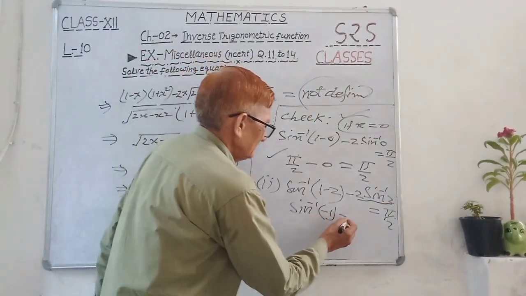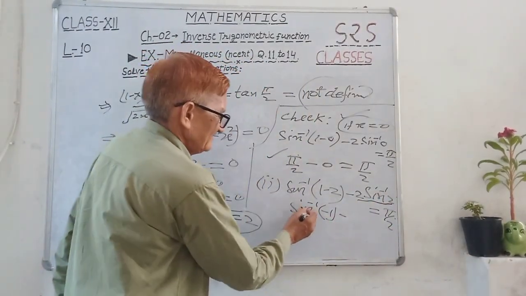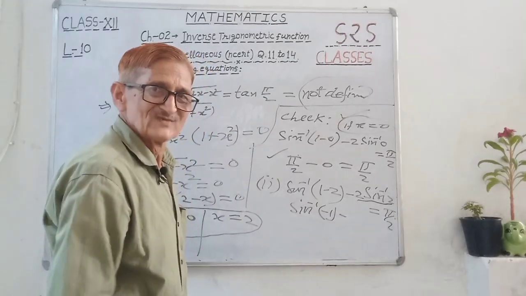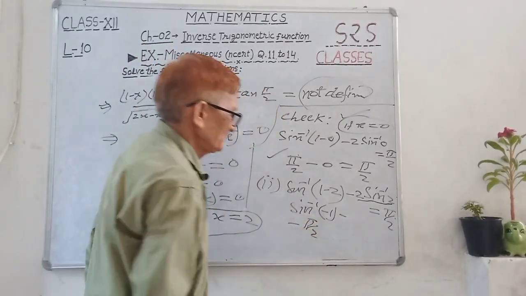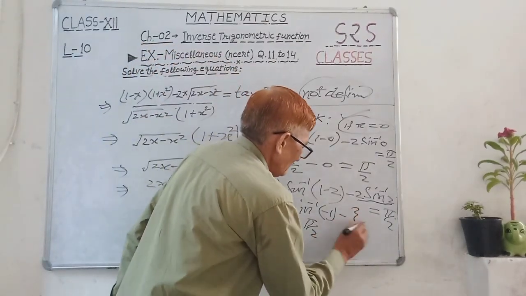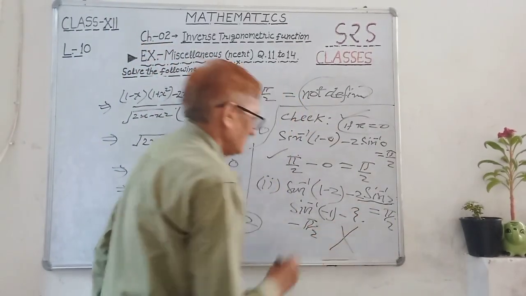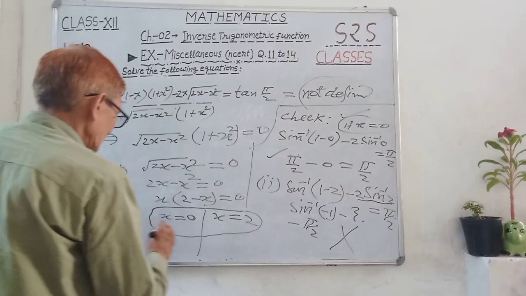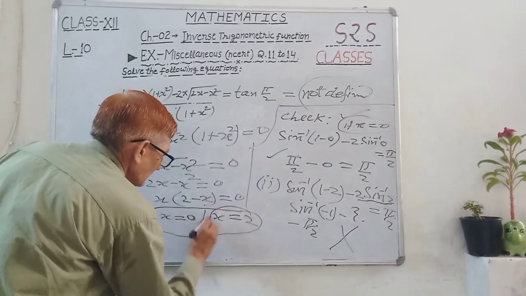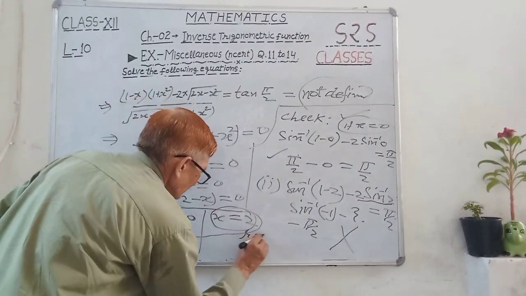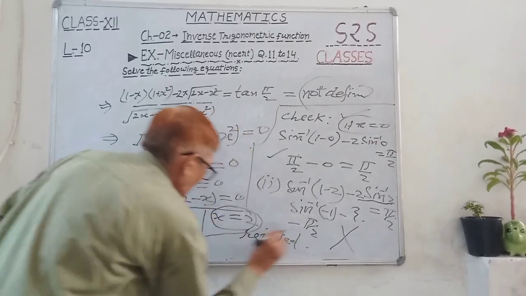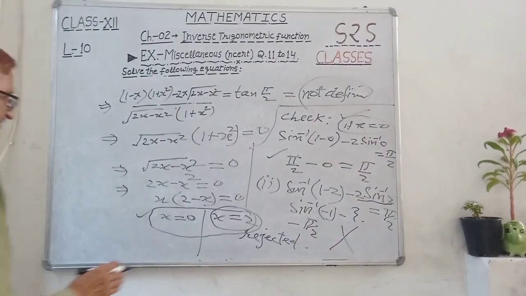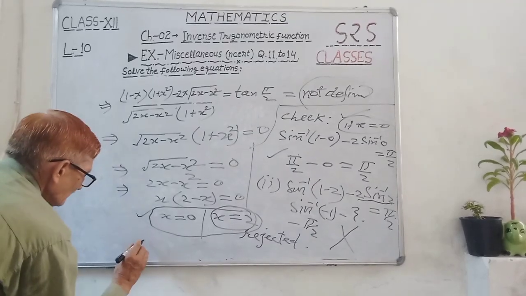And sin inverse minus 1 value is minus pi by 2. Minus pi by 2 minus something is not equal to pi by 2, so it is rejected. It is not verified. So only x is 0.